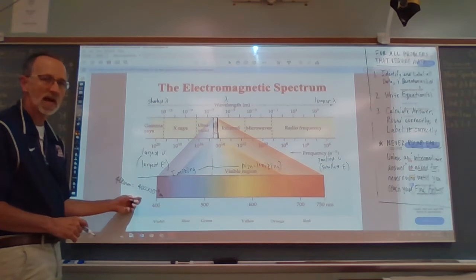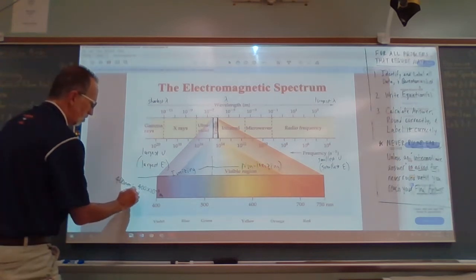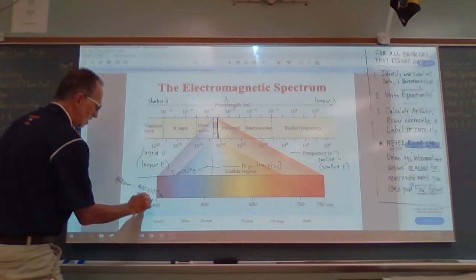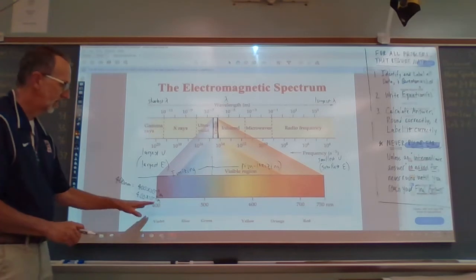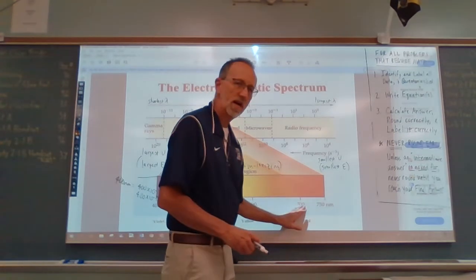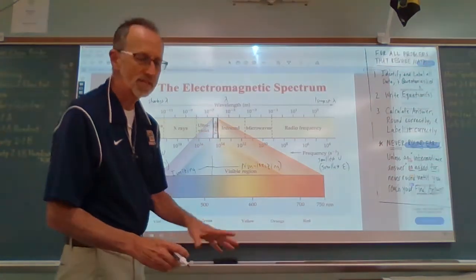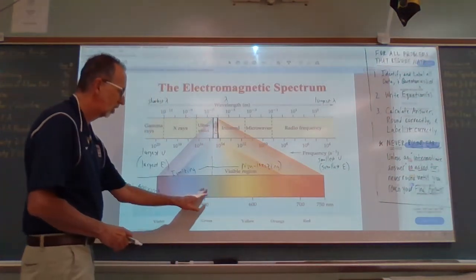But that, of course, is not in correct format for scientific notation. So it's 4.00 times 10 to the minus 7 meters. So these are in nanometers, 400 for violet, 700 plus for red, give or take. And then the others fall in between there. So you get a pretty good idea.